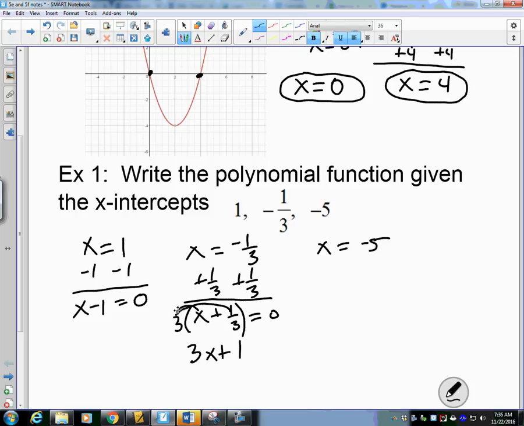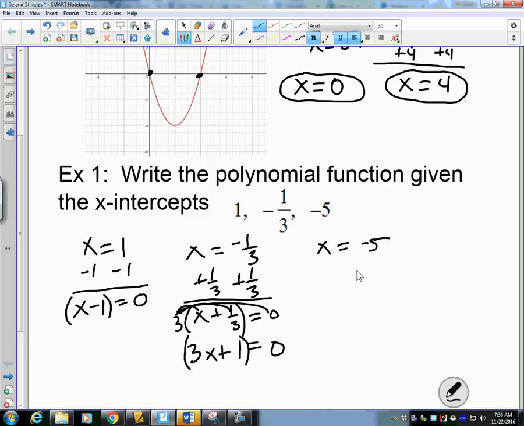And then 3 times 0, we do have to balance the equation, so you should multiply everything by it. 3 times 0 is 0. So now we have no fractions, and our other factor is 3x plus 1. So our first factor was x minus 1, and it's 3x plus 1.